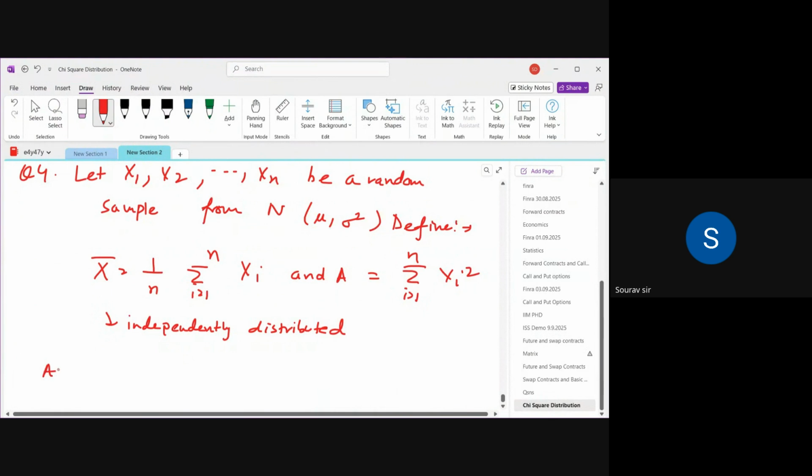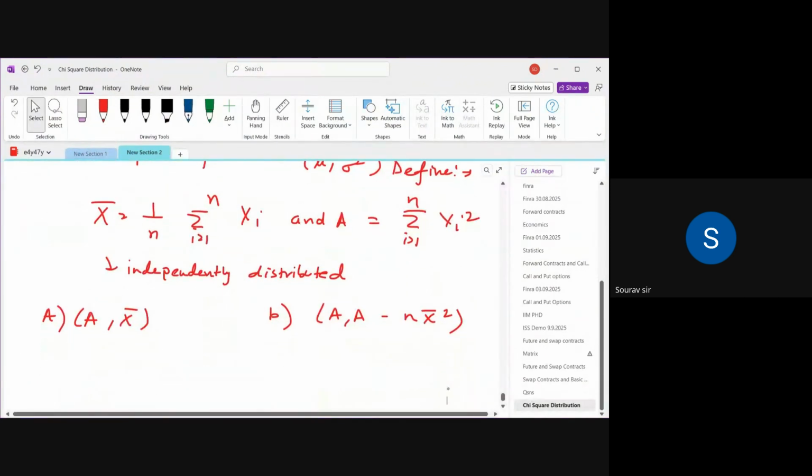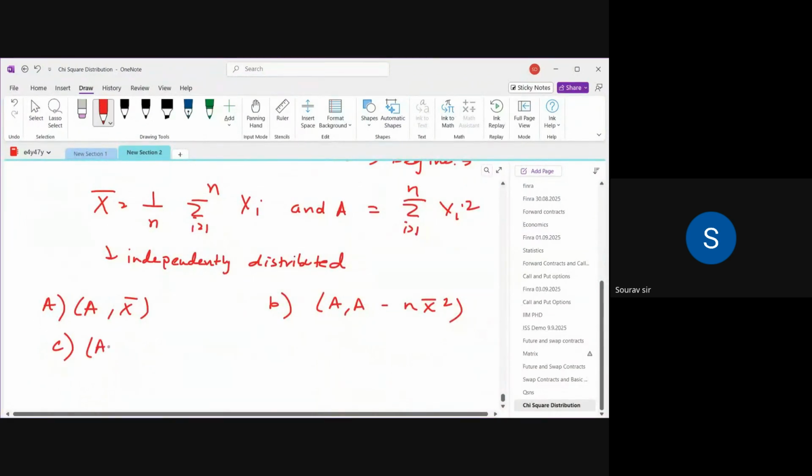So here, option A is x bar and A minus n x bar square, option B is A minus n x bar square, option C will be A minus n x bar square and x bar, and option D will be A and x bar square. Seen the question? Who will tell me the answer now?